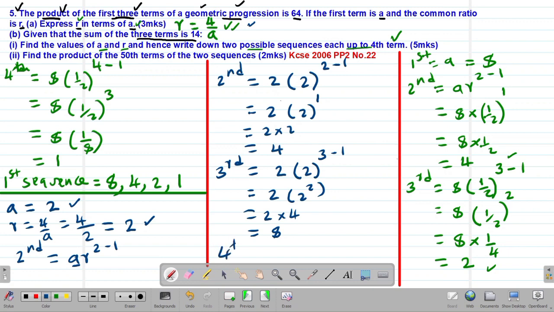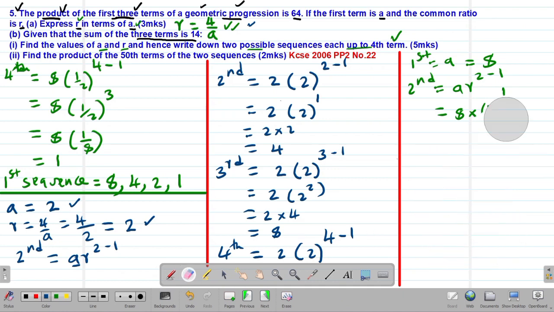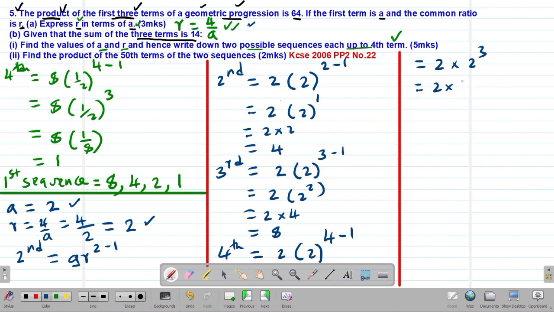Then the fourth term will be given by the first term of the second sequence, 2, into the common ratio 2, then to the power of 4 minus 1. So we'll have the fourth term being equal to 2 multiplied by 2 to the power of 3. 2 power 3 is positive 8, and 2 by 8, we get positive 16.